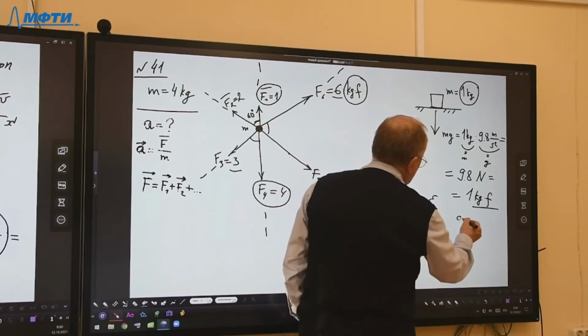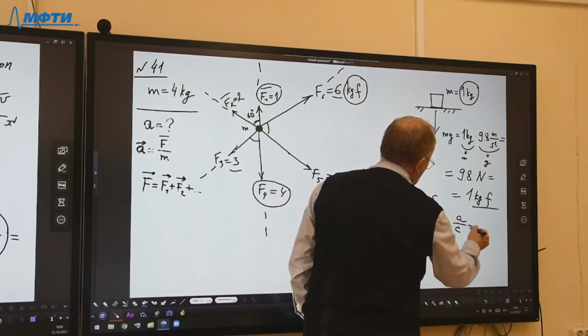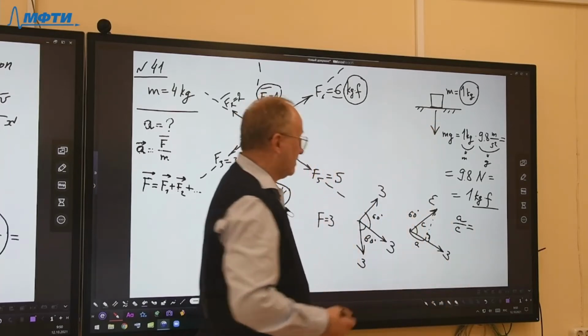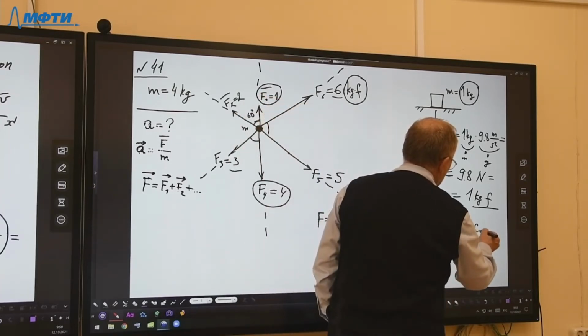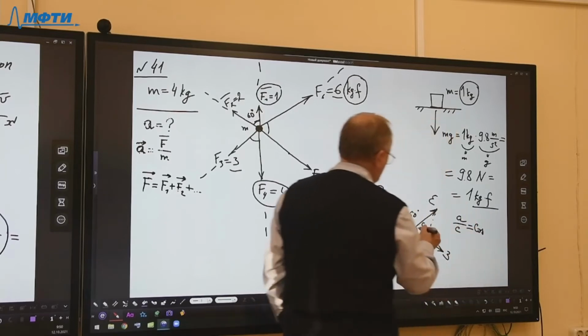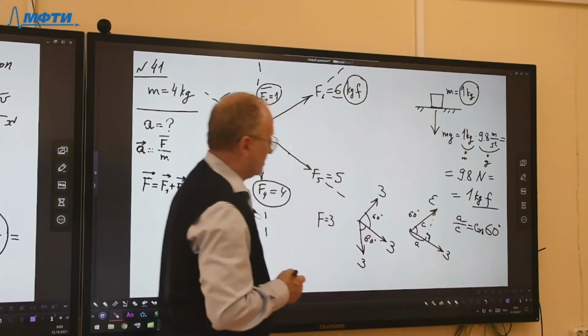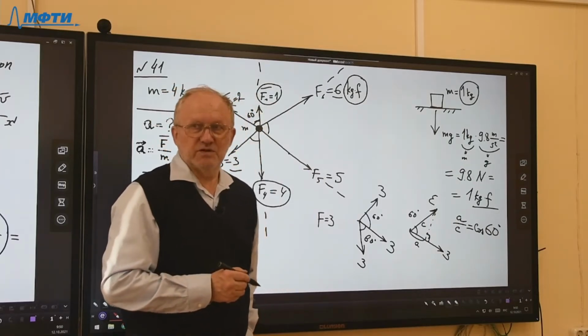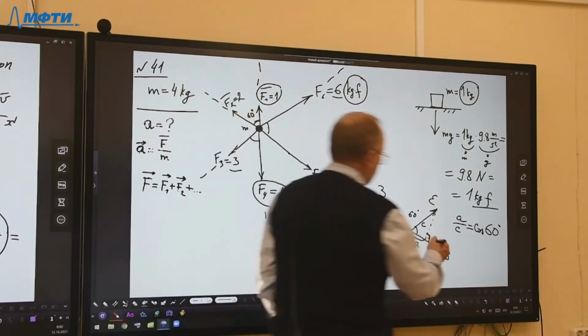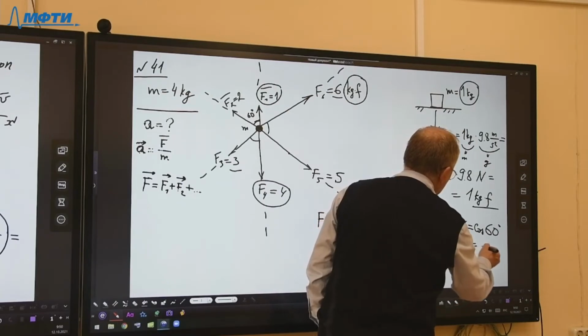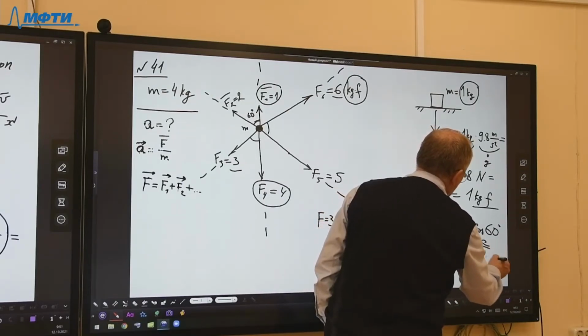Then A divided by C, by definition, is the cosine of this angle, 60 degrees. And the cosine of 60 degrees is just 0.5. So A turns out to be C divided by 2.